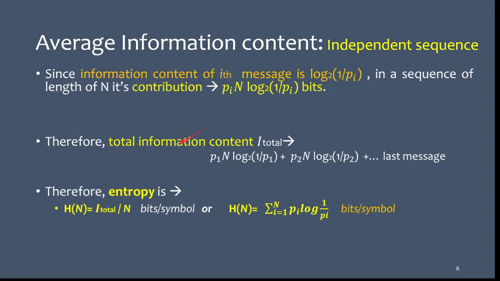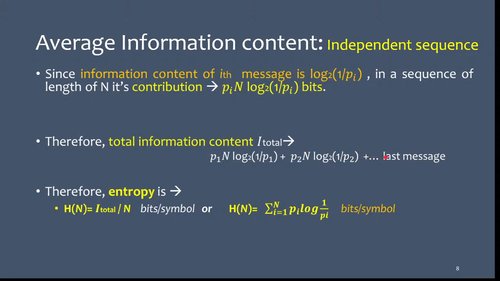The total information content is nothing but the information content of every message. For the first message, its weightage is P1 times n, and the information contained is this weightage times log of 1 by probability. For the second message, P2 n log 1 by P2, because we are considering a sequence of messages.